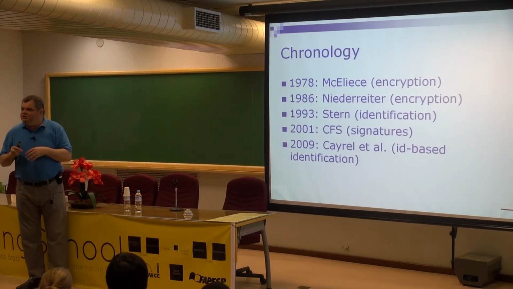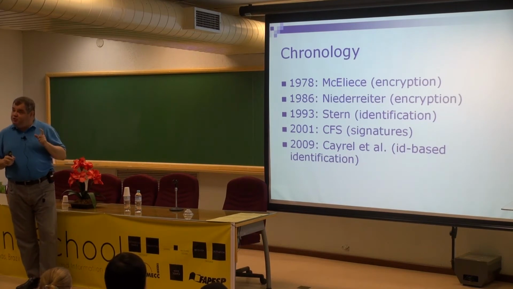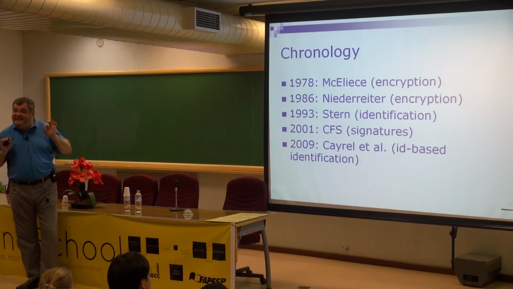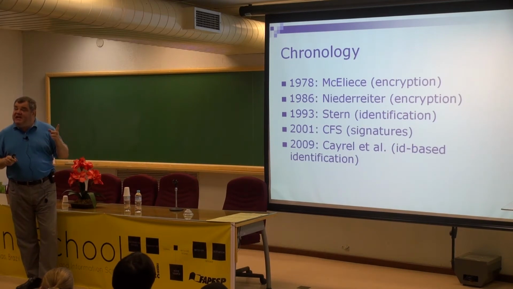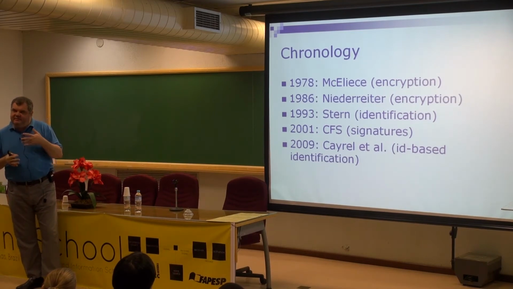We don't know how to do full-fledged identity-based cryptography using codes. What we have is identity-based identification. We can do that for an identification scheme. It's terribly inefficient, but we can do it. So it's a kind of hint that maybe we can do more.